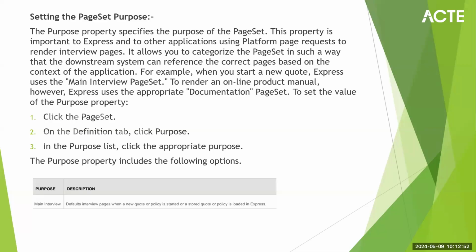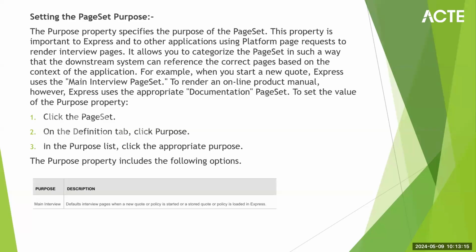For example, when you start a new quote, that means when you are creating a new policy, Express uses the main interview page set. So basically, in whatever manuscript you are creating, or the pages of the page set you are creating, the main interview will be the first main parent page set.